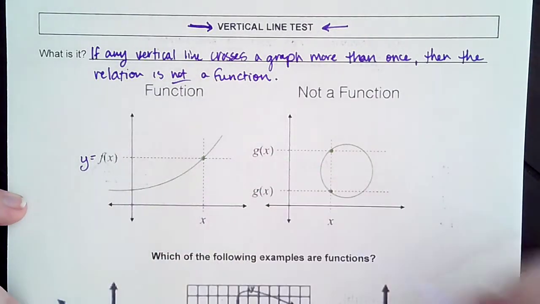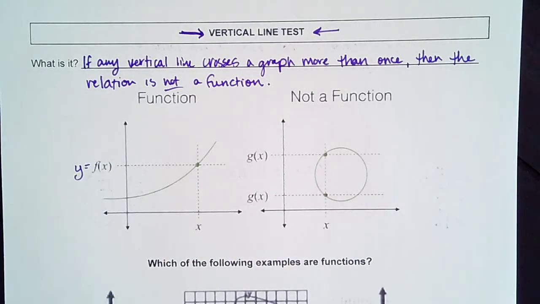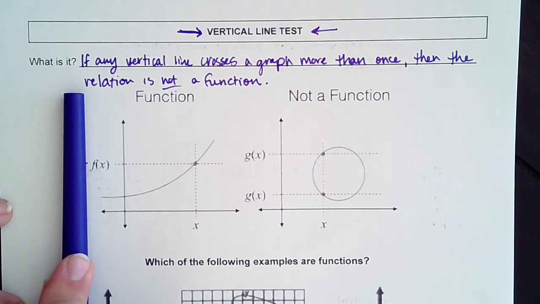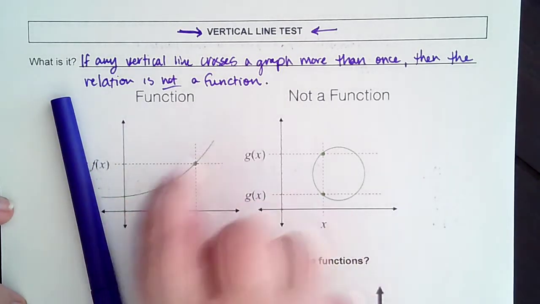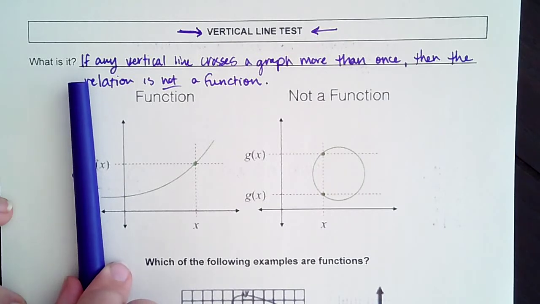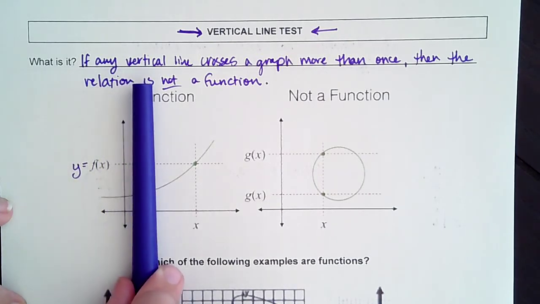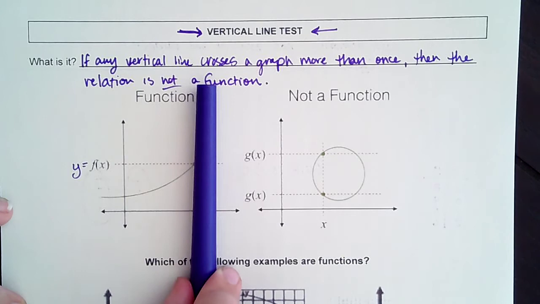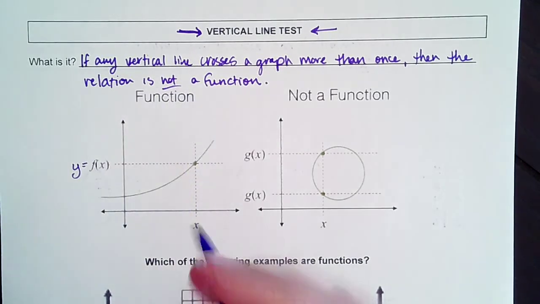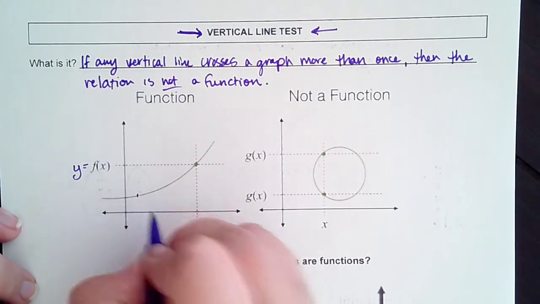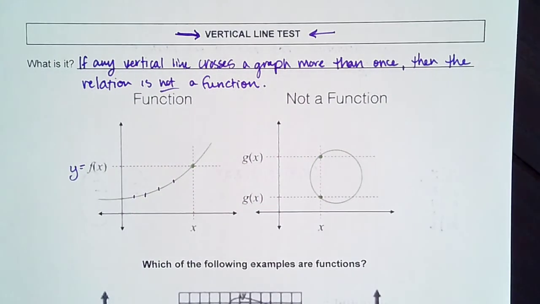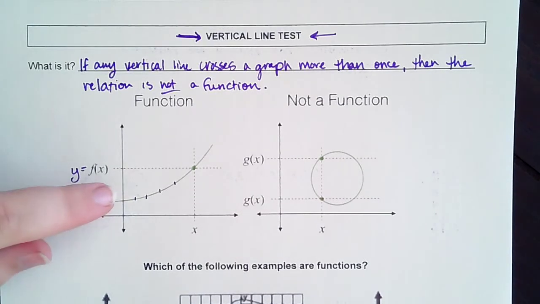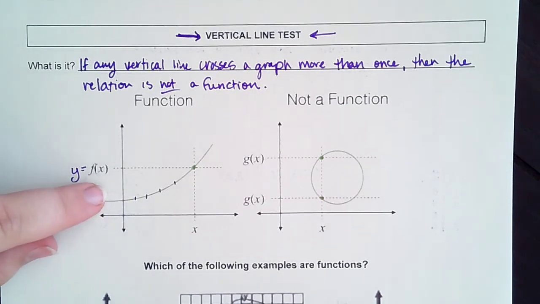So if I have some random coordinate, if I take my pen and I create a vertical line, remember vertical up and down, not horizontal side to side, and I trace this line that is representing a relation, notice at any given time, my pen is only crossing this line one time, just at that exact spot. So if I move it, it hits here, it hits here, it hits here, it hits here, etc. But it never hits twice. So the vertical line test tells me this is a function.